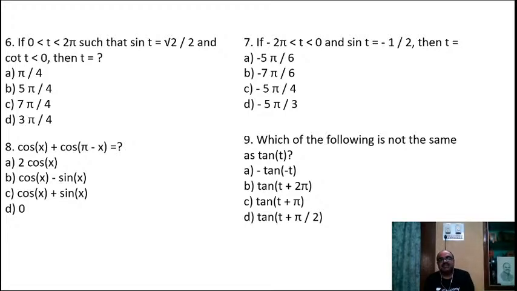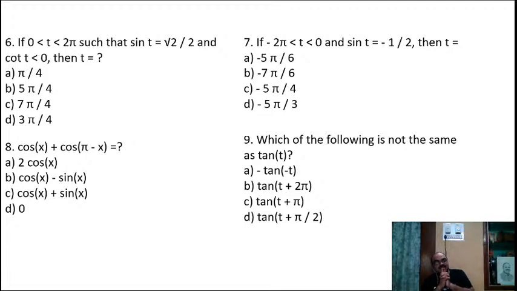T lies between 0 and 2 pi and sin t is given as root 2 by 2. Root 2 by 2 is actually 1 by root 2, and cot t is less than 0. What can be t? Think over it.